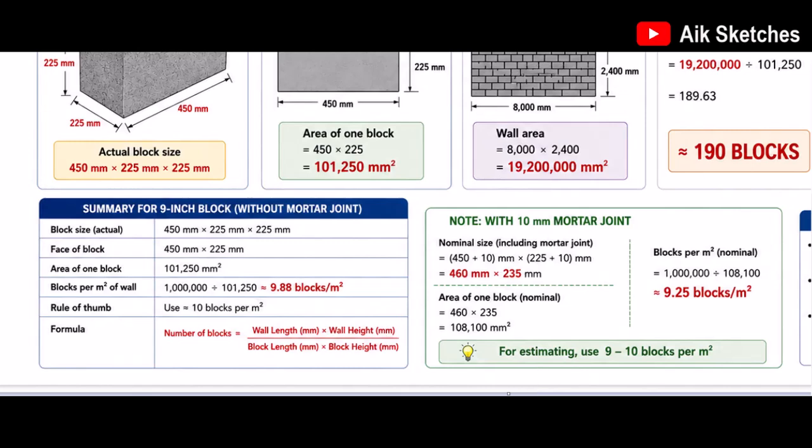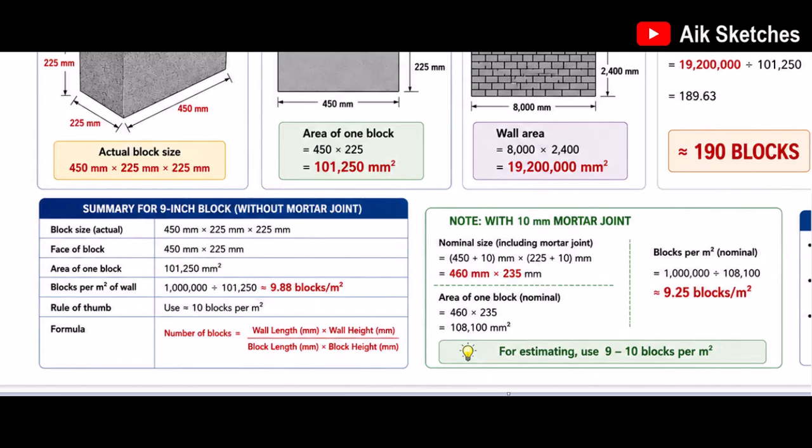Face of block is 450 millimeter by 225 millimeter. Area of one block is 101,250 millimeter squared.